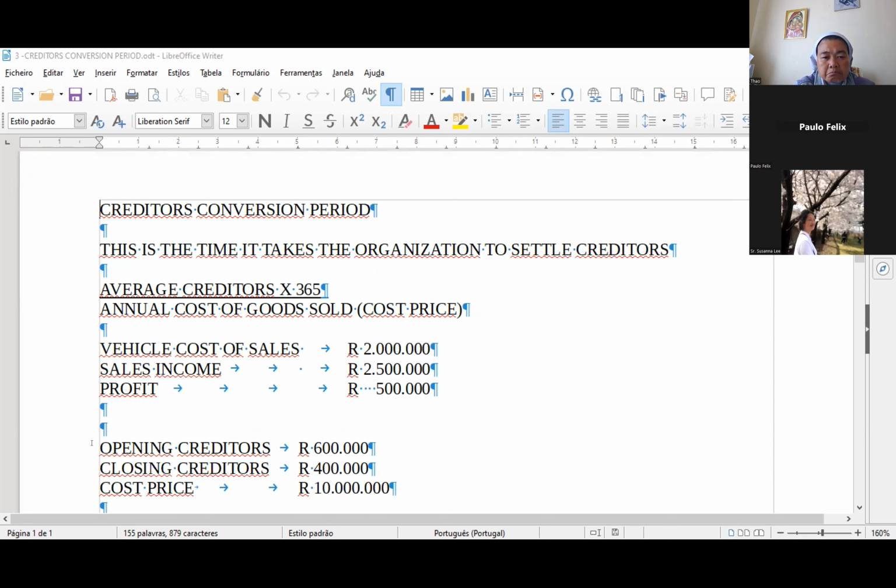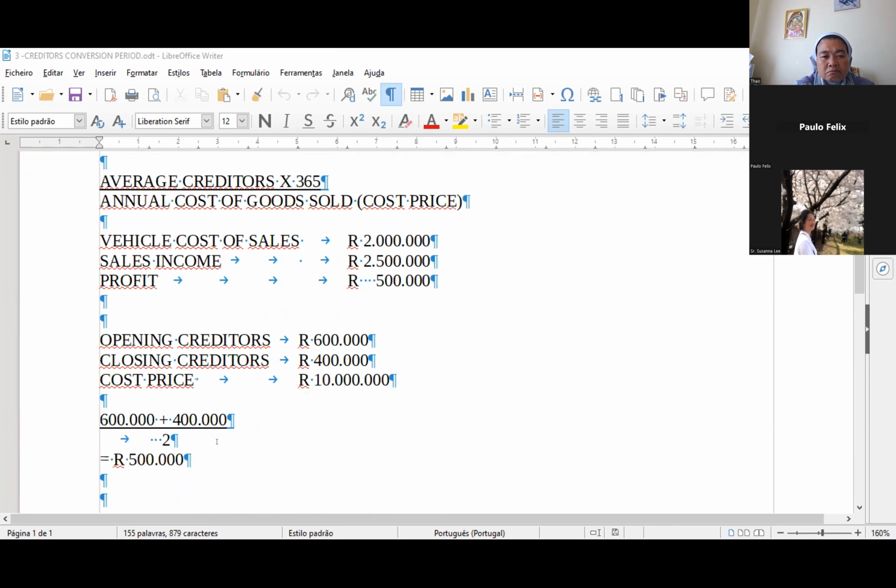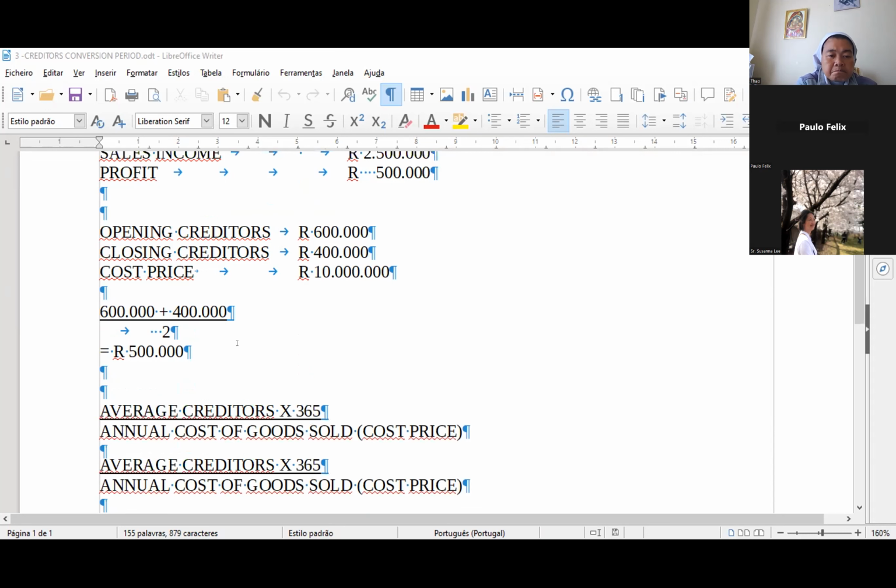Imagine that you had opening creditors of 600,000 and closing creditors of 400,000 and a cost price of 10 million. First you add the 600,000 to the 400,000 and divide by 2. So you get 500,000.